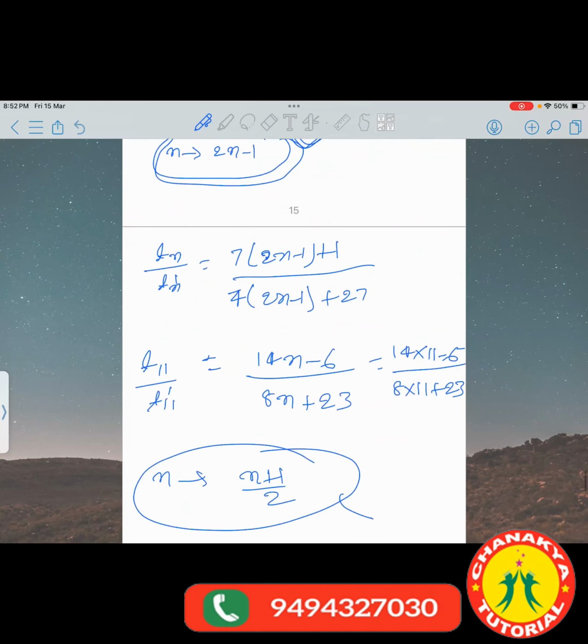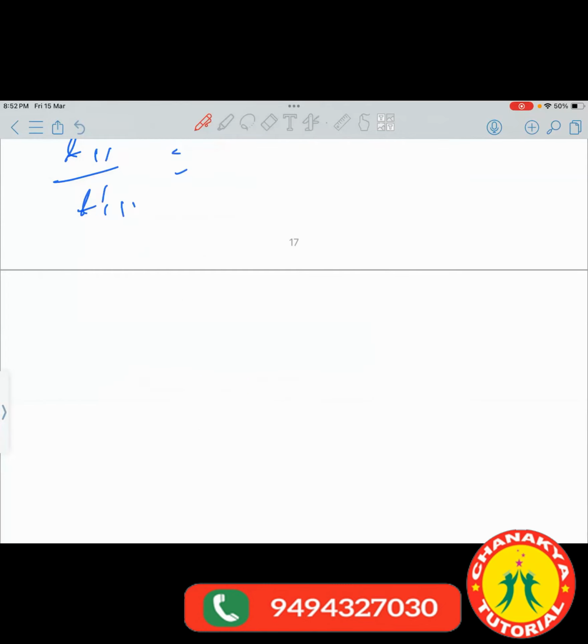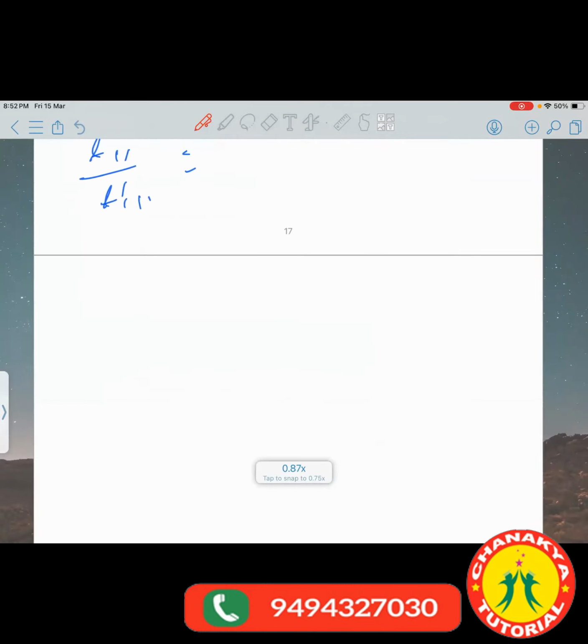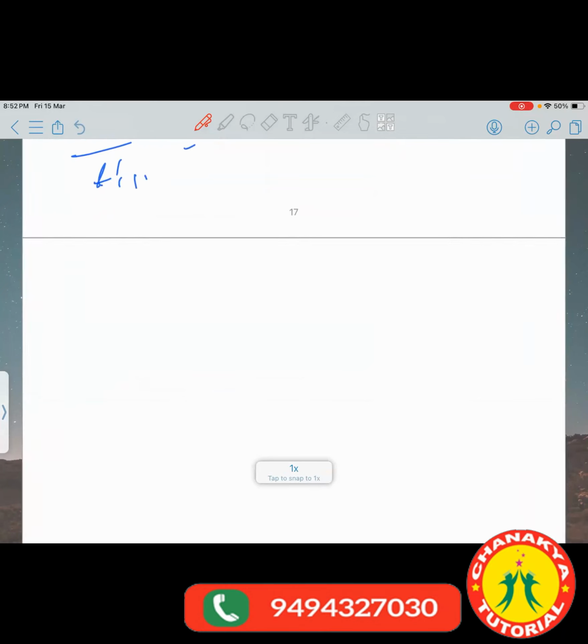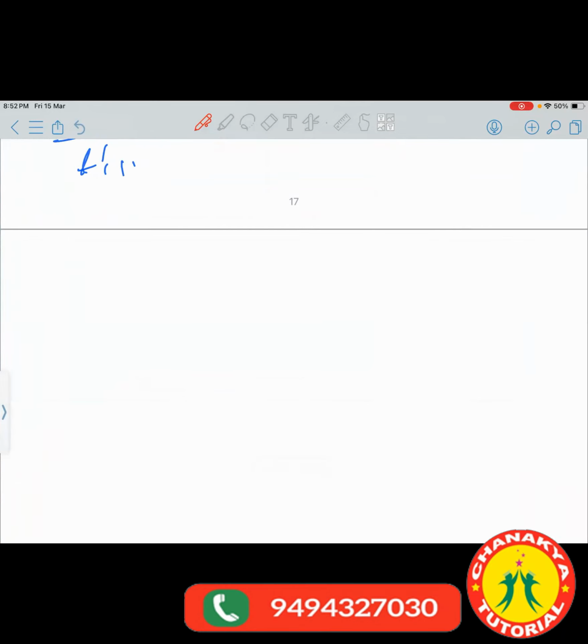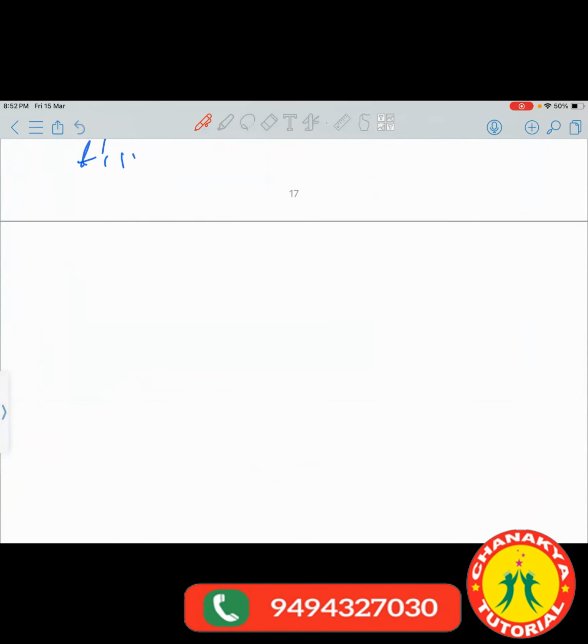Now one more question, and then I will teach GP. The question is, in the following two APs, how many terms are identical? Any doubt from the last question?